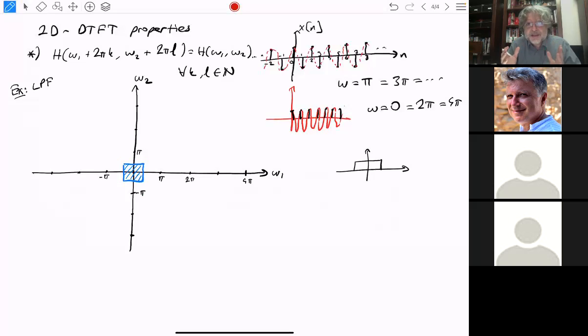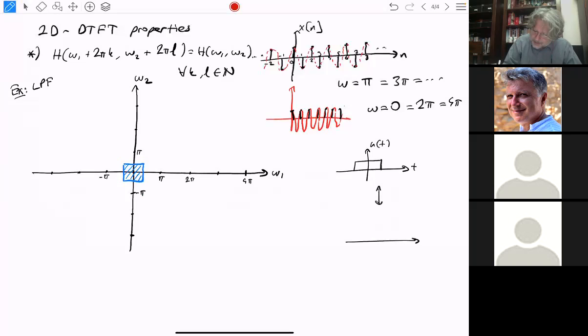So it's a rect function, rectangular function. What is the Fourier transform of a rectangular shape? Do you know what the Fourier transform looks like? Yes, it will be a sinc function.